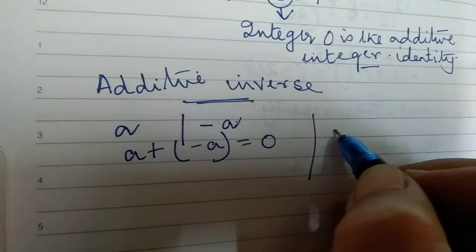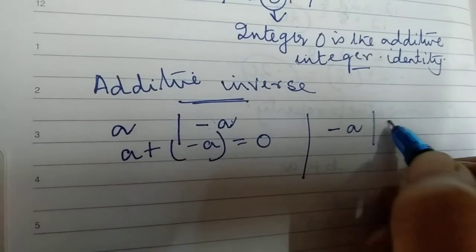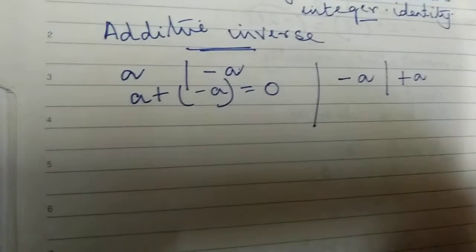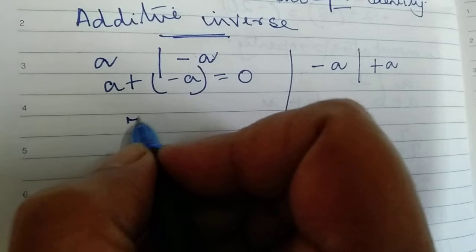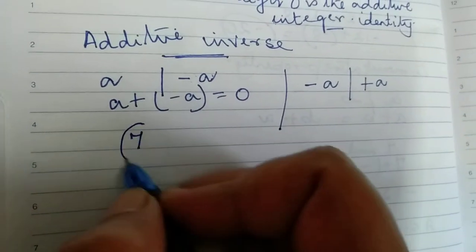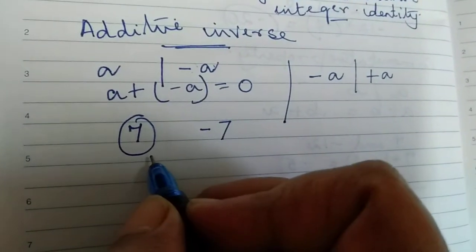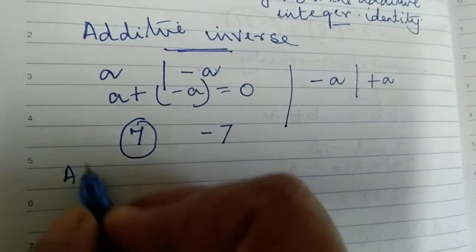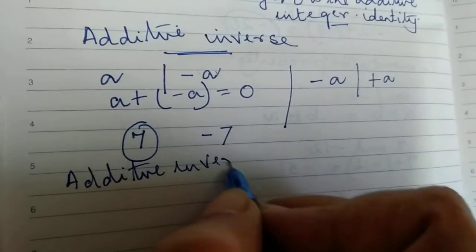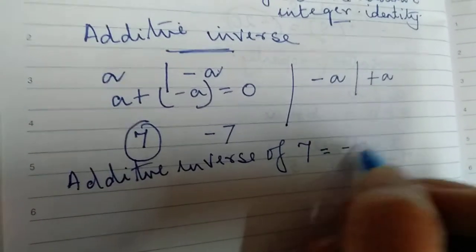So if I have an integer minus a, the additive inverse of minus a will be plus a. So suppose 7 is my integer, then what will be the additive inverse of 7? It will be minus 7. So the additive inverse of 7 is minus 7.